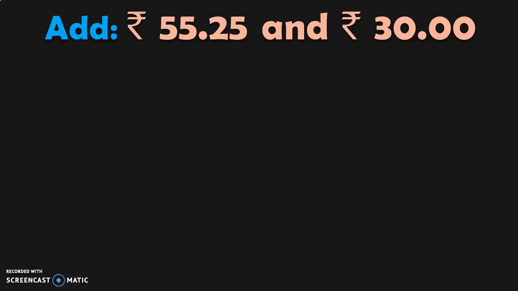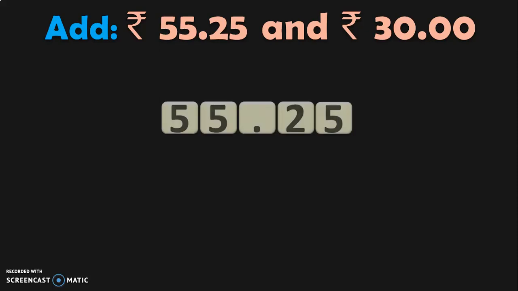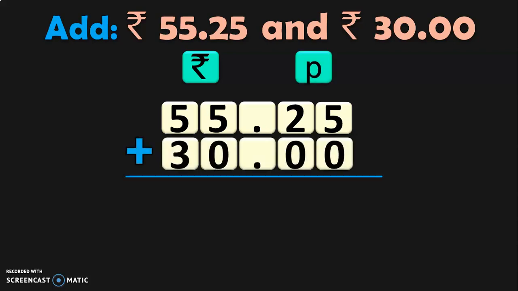Add rupees 55.25 and rupees 30. Write down the number. This is the rupees and this is the paise. Write down the next number. Take care that the decimal points are one below the other. Begin the addition of the paise part. 5 plus 0 is 5. 2 plus 0 is 2.